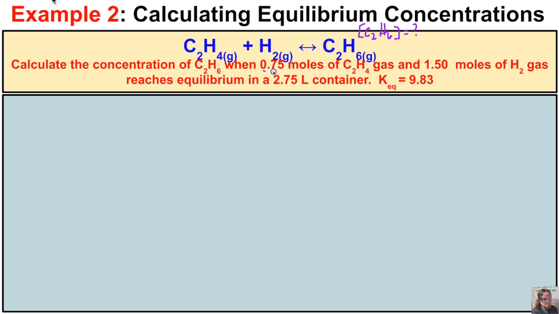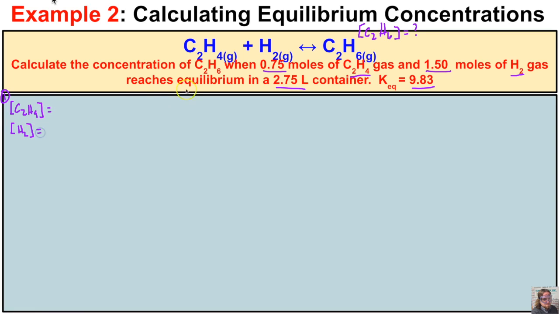Furthermore, we know we have 0.75 moles of C2H4 gas and 1.50 moles of H2 gas placed in a 2.75 liter container, and we know that KEQ is equal to 9.83. So the first thing that we have to do is figure out the concentration of C2H4. And we have to figure out the concentration of H2 gas.